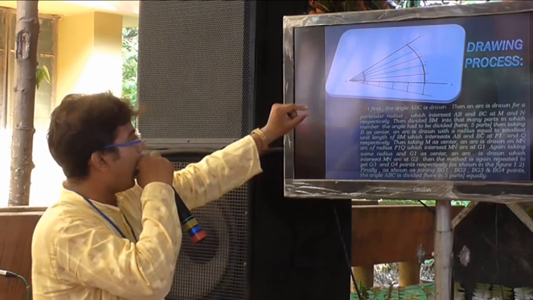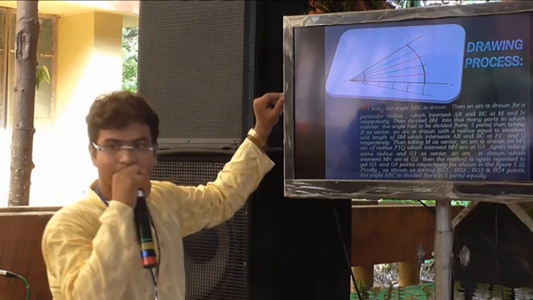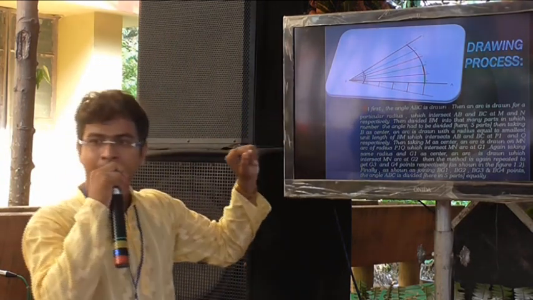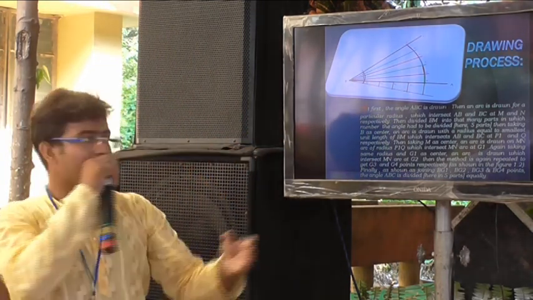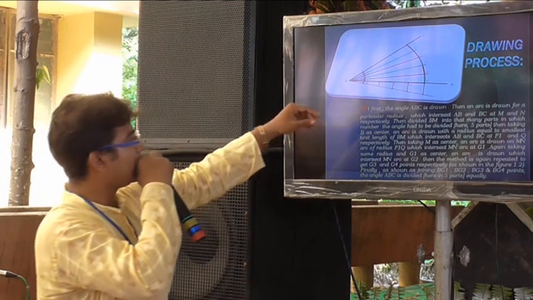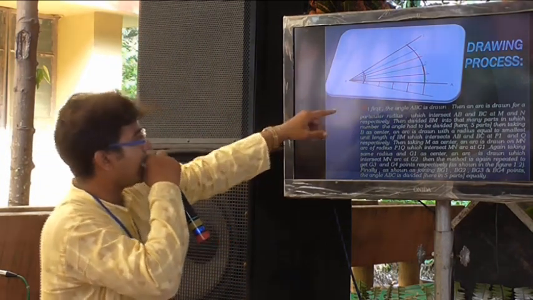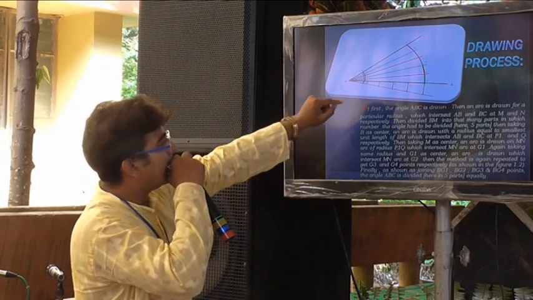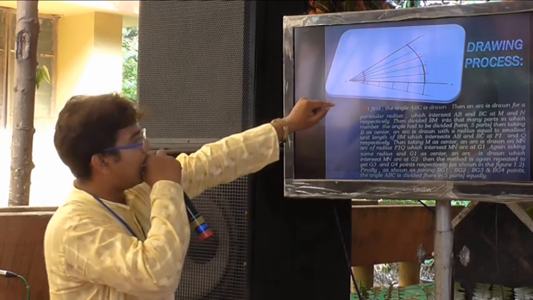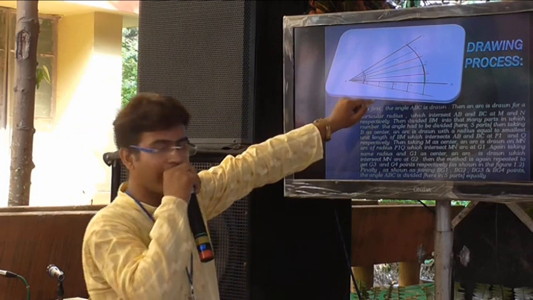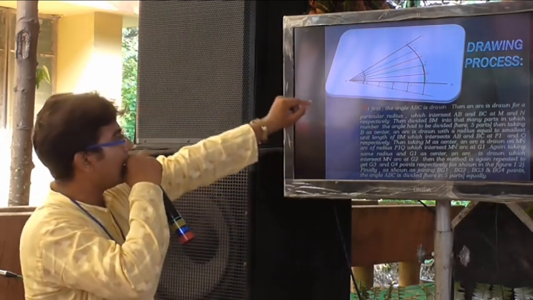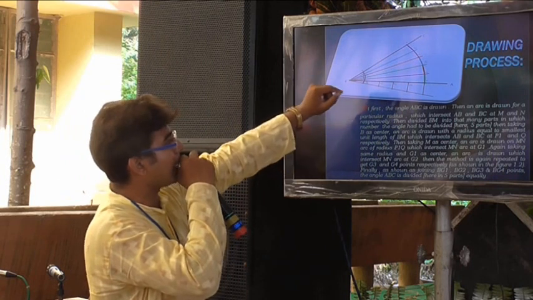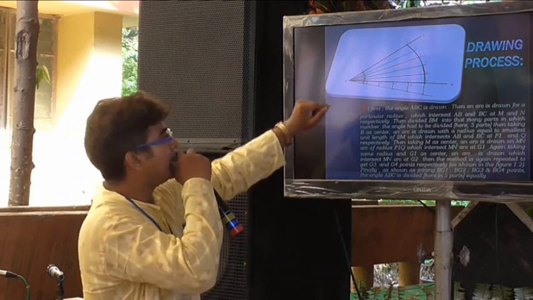Then an arc of radius P1Q is drawn on the MN arc, and we repeat this process once again, but this time we take G1 as the center, and we cut the MN arc and get point G2.